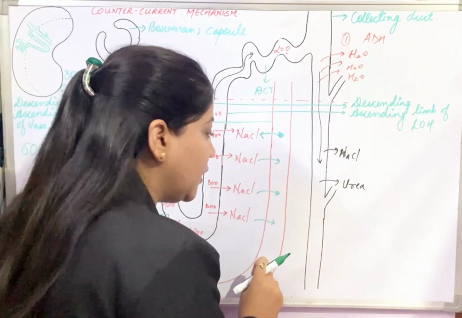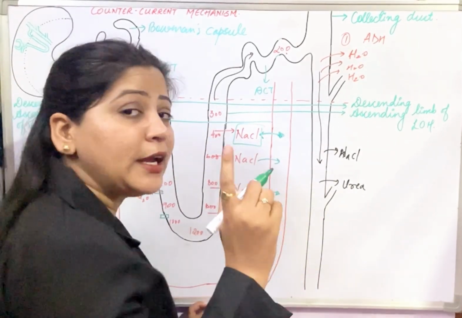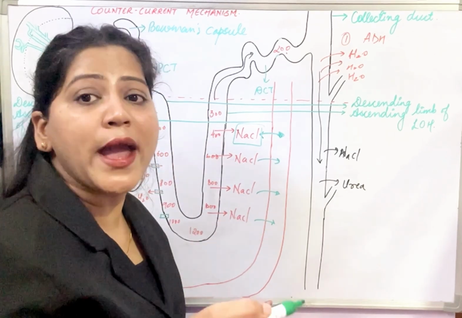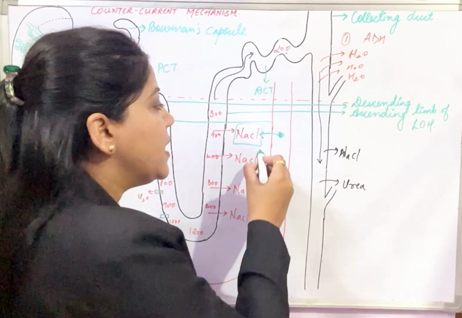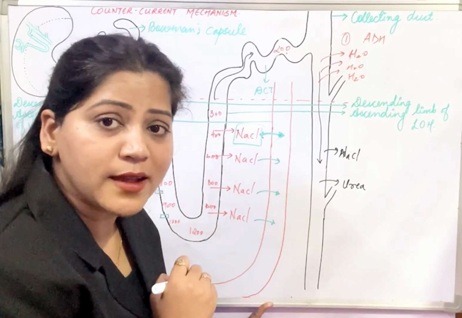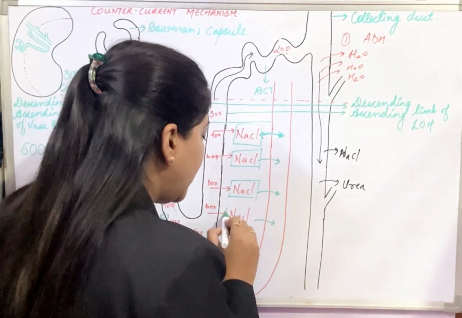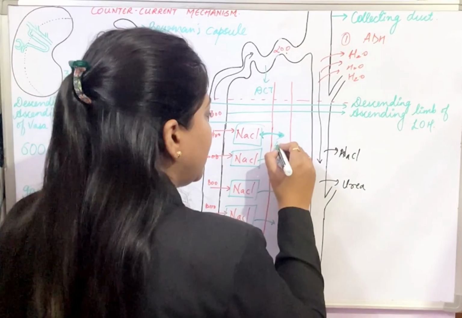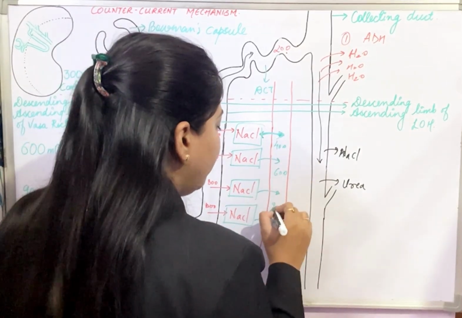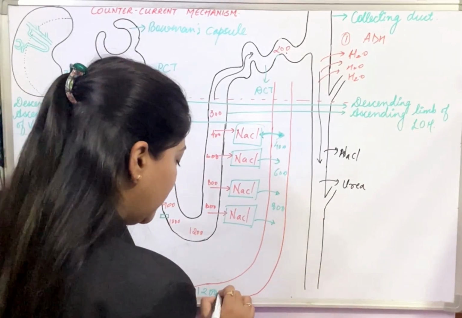When the blood is flowing into the descending limb of vasa recta, this NaCl dumped into the interstitium fluid by the ascending limb of loop of Henle is absorbed into this fluid in the vasa recta. This NaCl will go into the descending limb of the vasa recta, thus increasing the concentration of blood or fluid here, right?